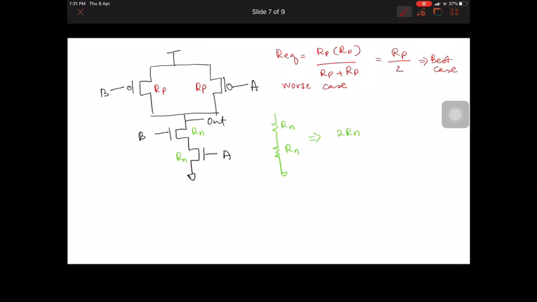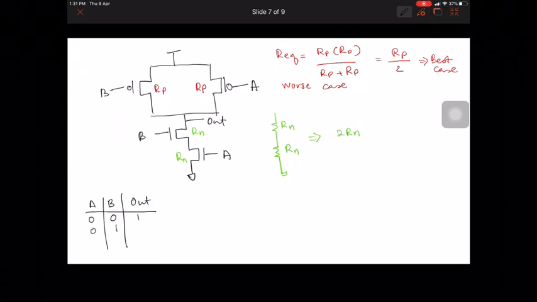What about the worst case? Before I explain the worst case, let us look at the truth table of the NAND gate. 0, 0, 1; 0, 1, 1; 1, 0, 1; 1, 1, 0.